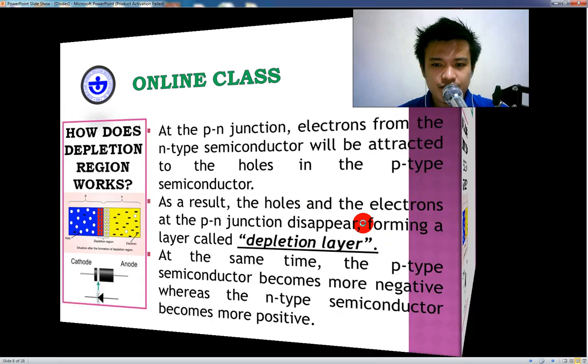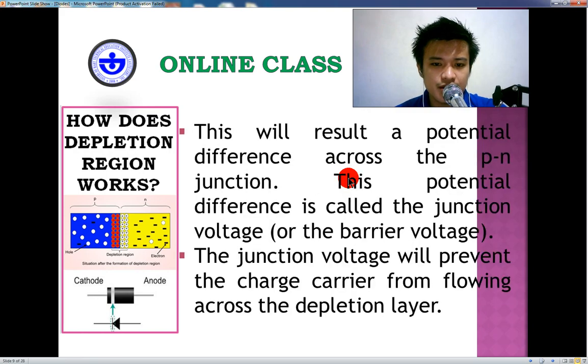Okay. Next part, try to read it. This will result in a potential difference across the p-n junction. Yes, there will be a difference because its polarity is not followed. This potential difference is called the junction voltage or the barrier voltage.